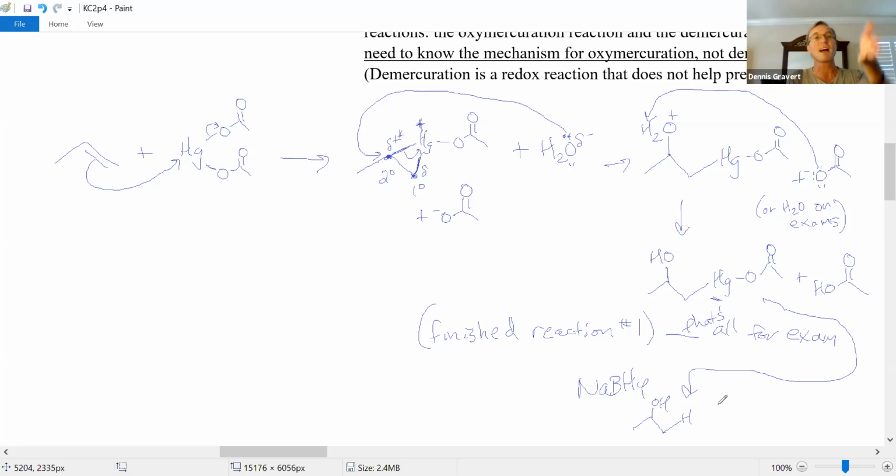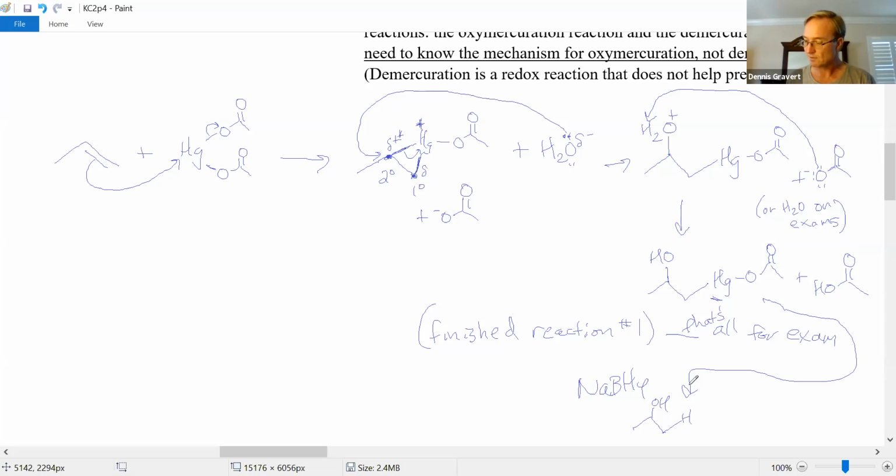Awesome. I'll smile and say, nice job. I'm not grading it. It's actually a redox reaction. You can look it up. I haven't seen a full-blown mechanism though, but I've seen more details in case you want to know how NaBH4 reacts with this mercury atom and supplies a hydrogen, but it's not on exams.